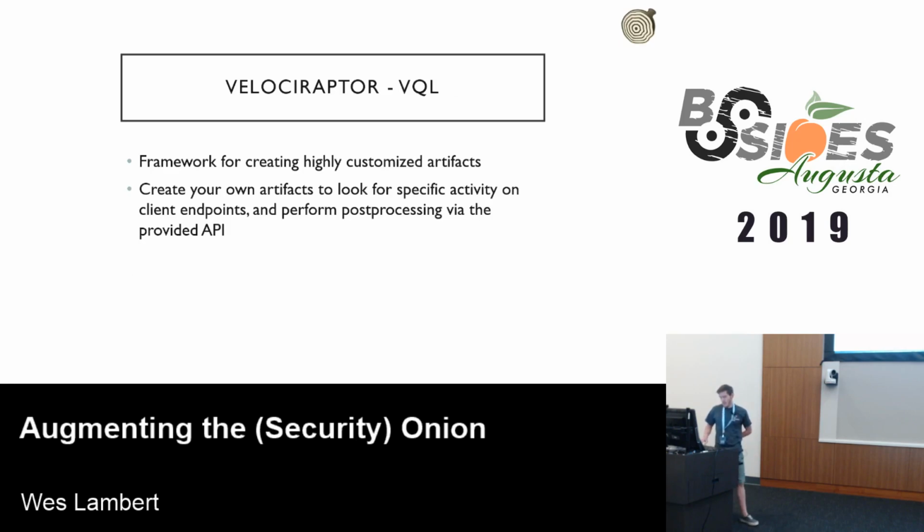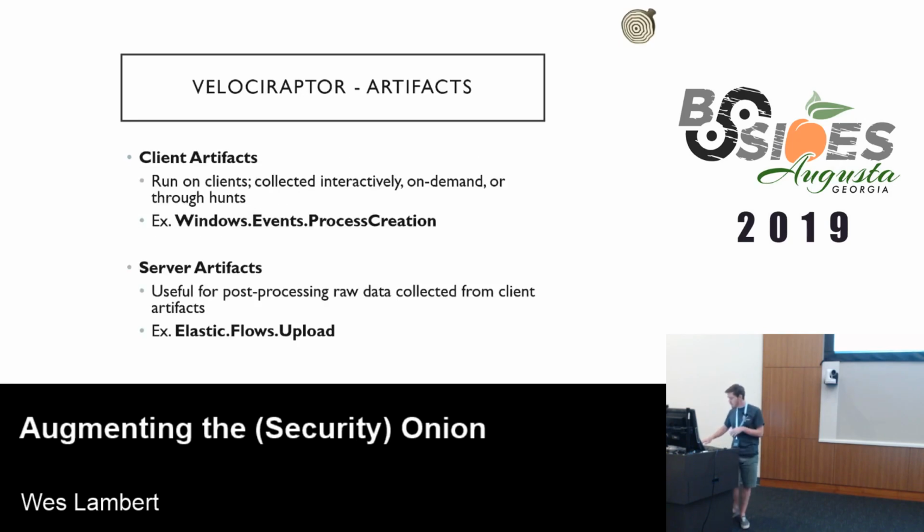So that VQL I mentioned really is that framework for creating these highly customized artifacts that you can collect, right? And you can pretty much create your own artifacts to look for pretty much anything you want. And some of these artifacts are going to be different types, like client artifacts, right? So client artifacts are going to run directly on the host.